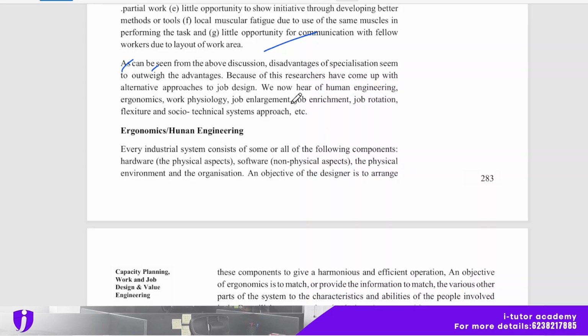We now hear of human engineering, ergonomics, work physiology, job enlargement, job enrichment, job rotation, flexi-time, and the socio-technical system approach, etc. And ergonomics, human factors or human engineering, okay, that is ergonomics.